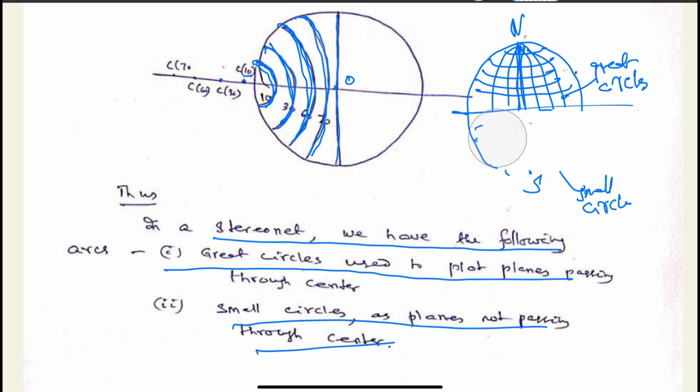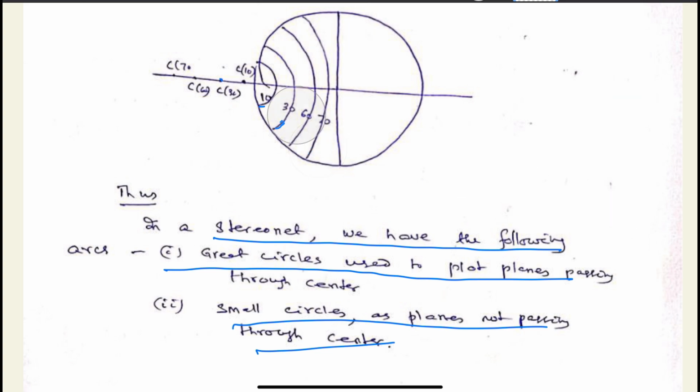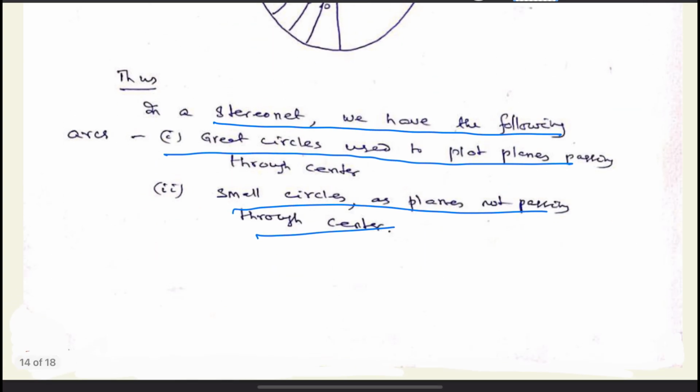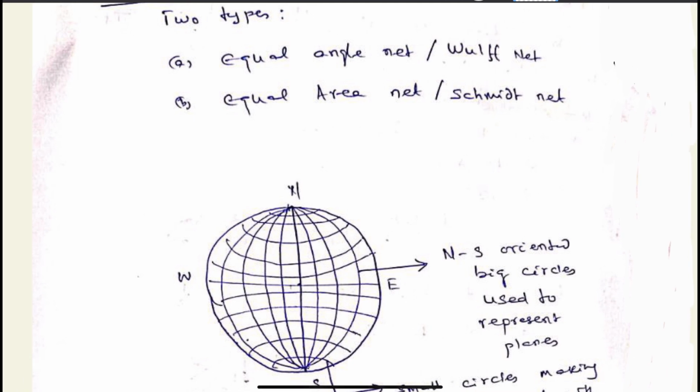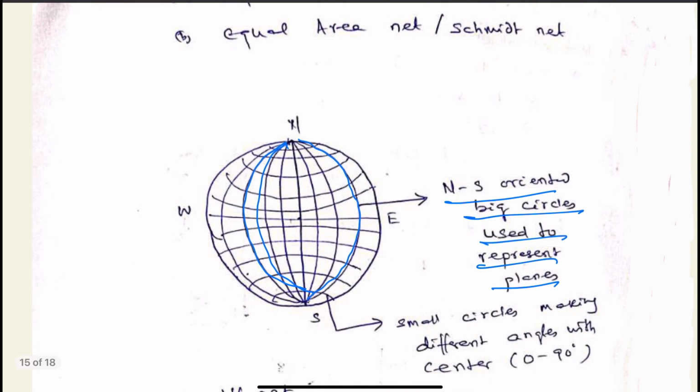So each stereonet is made up of these great circles. North-south oriented big circles are used to represent planes which have been imagined to pass through the center of the sphere, and these small circles perpendicular to the north-south line represent the circular planes perpendicular to this line.